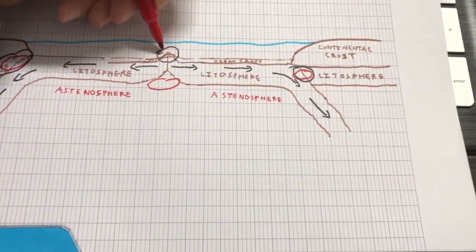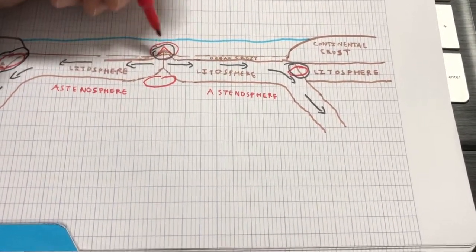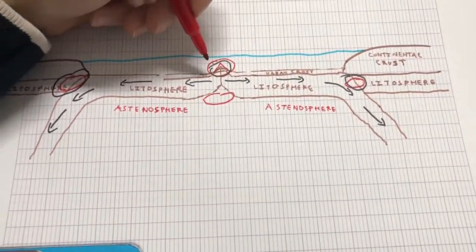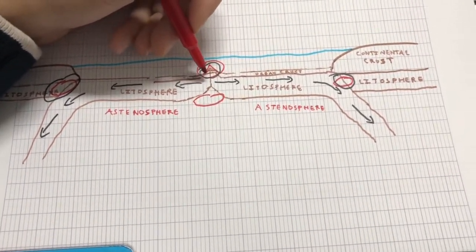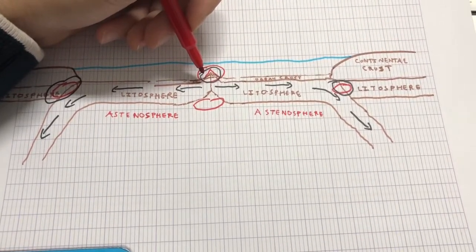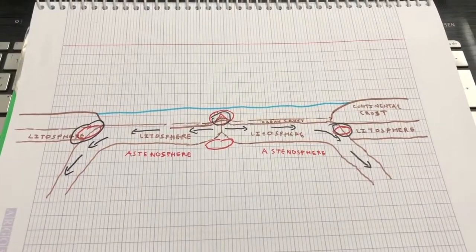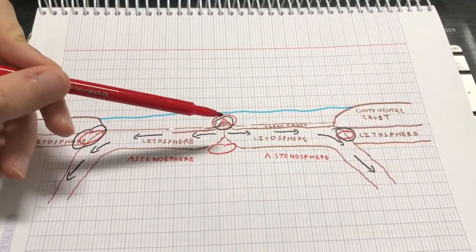We will have volcanoes right here, but they will be peaceful volcanoes because the temperature is higher and the silicon content is lower.